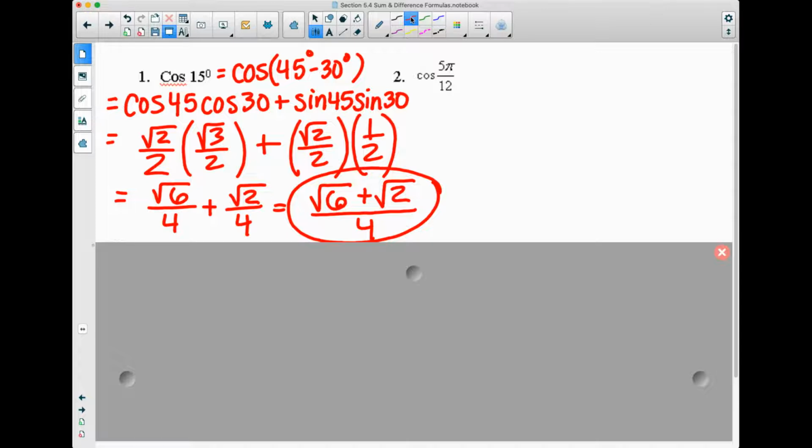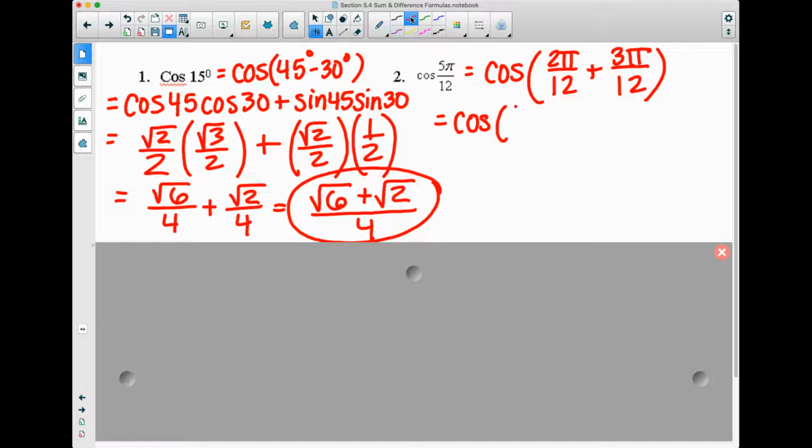Well, what's 2 plus 3? Okay, that gets me 5. So then if I was to put that, 2 pi over 12 reduces to what? Pi over 6. Are we familiar with that? Yes. And 3 pi over 12? Pi over 4.